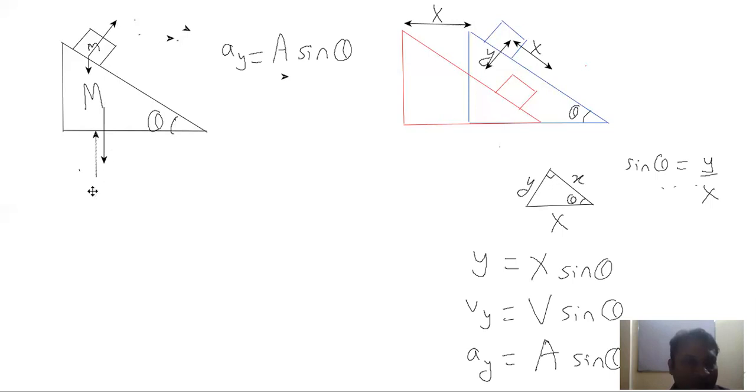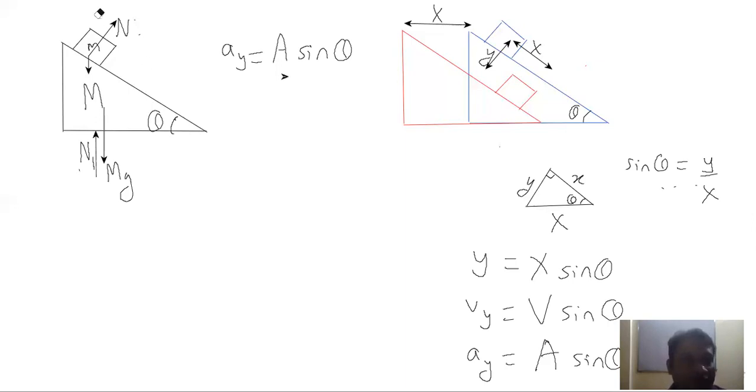Let me mark it in upward direction, normal reaction. So let me write capital Mg in downward direction, normal reaction by the ground in upward direction, let us say it is N1. Let us say this is N1, normal reaction N1. Also here we have normal reaction N by the incline on the mass, capital N.